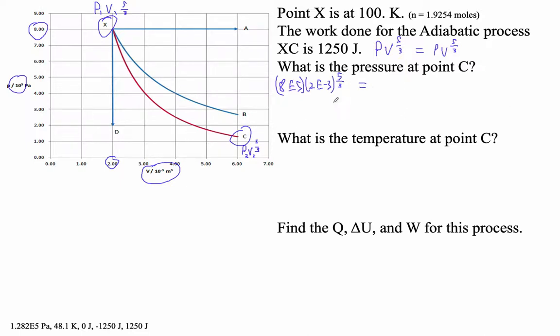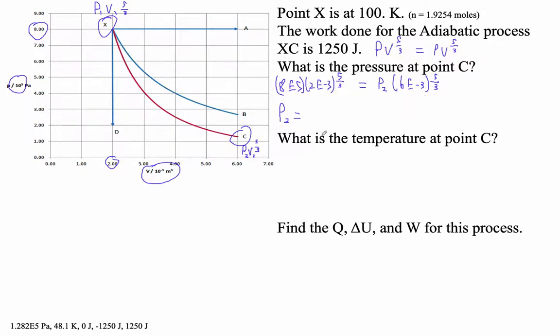That's going to equal pressure 2 times our volume, which is 6E minus 3, raised to the 5/3. So P2 is going to be this divided by that.